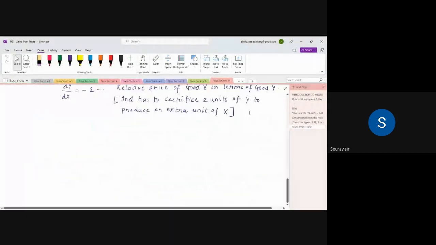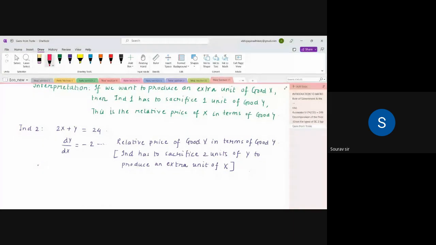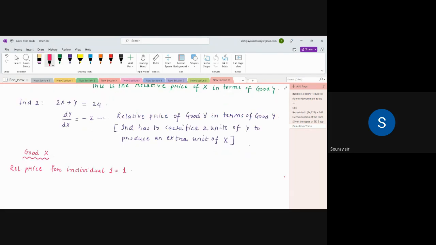So let's take note of these two situations once more. Let's say I'm talking of good x. The relative price for individual one is how much? It's 1. Don't put the minus because we know that it will be minus. And for individual 2, how much is it?